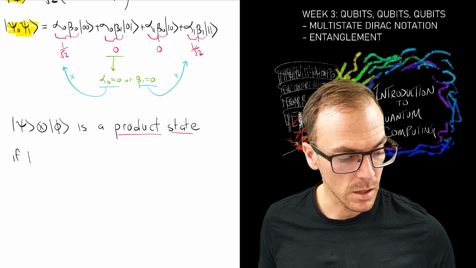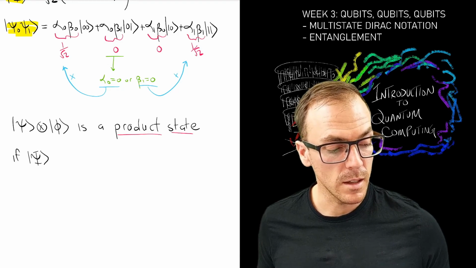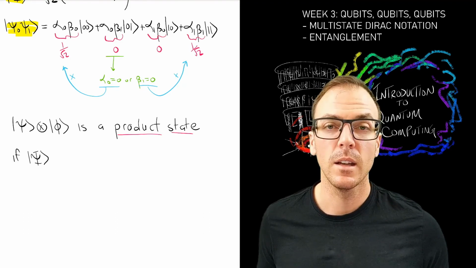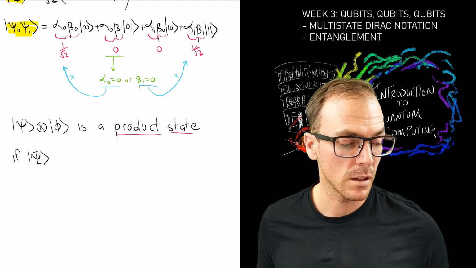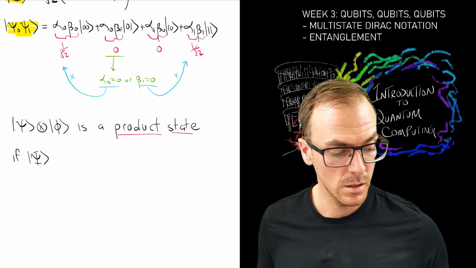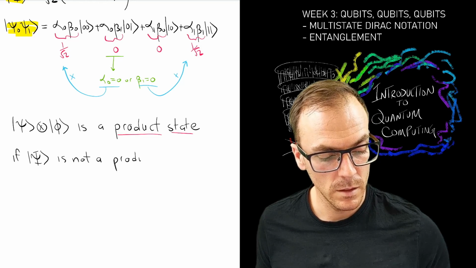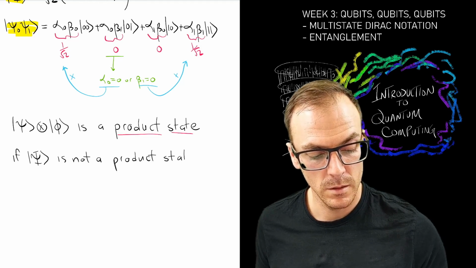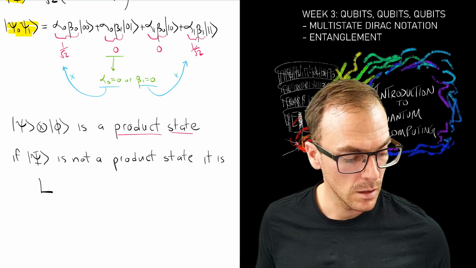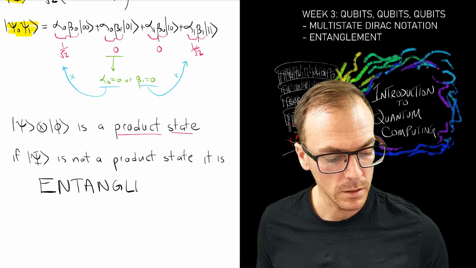So if some state that is in the space of all states that could be spanned by linear combinations of these product states cannot be written as just one of the tensor product states, so it's not a product state. It is entangled.